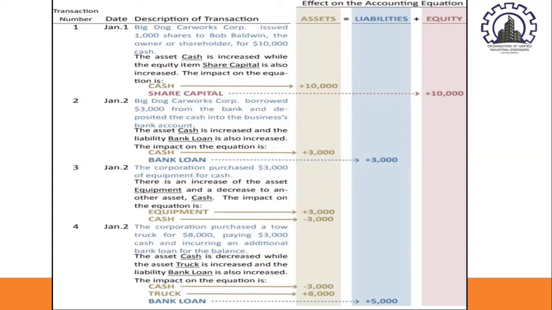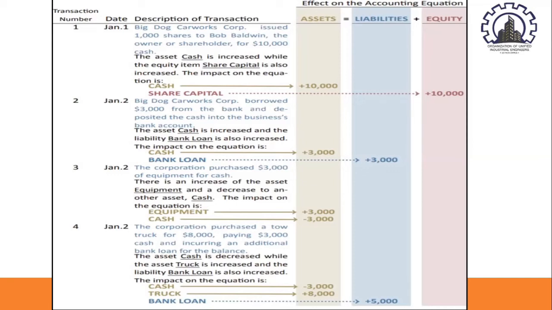So the asset cash is increased because we received $10,000 cash. While the equity item is the share capital, because the company, Big Dog Car Works Corporation, issued 1,000 shares. And this will also increase.